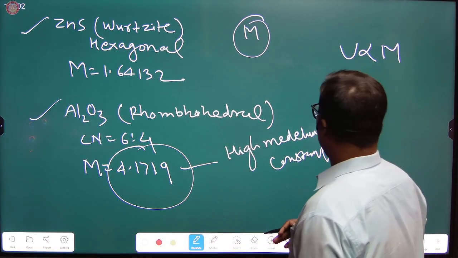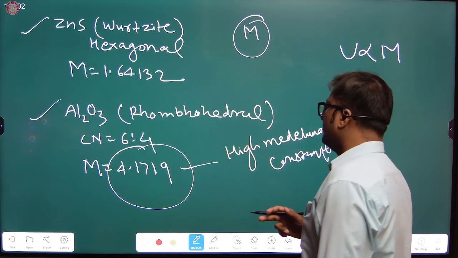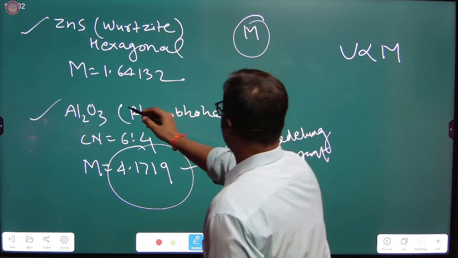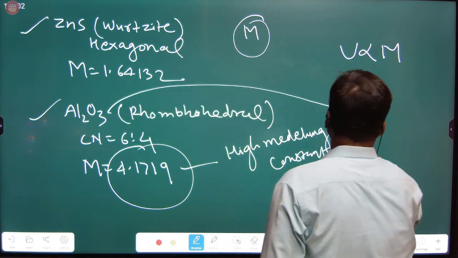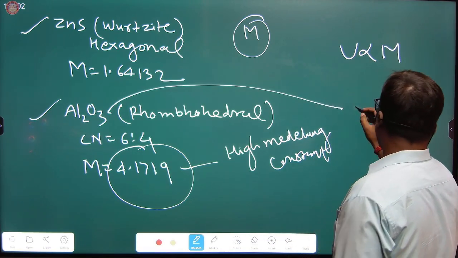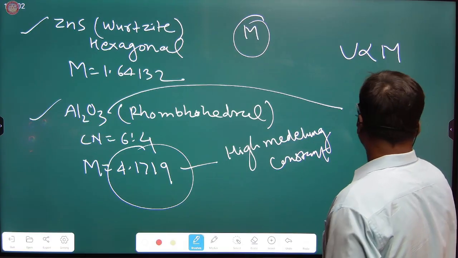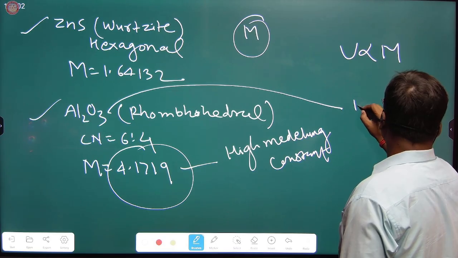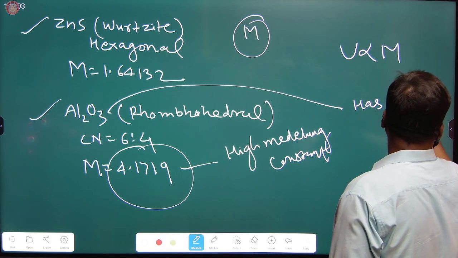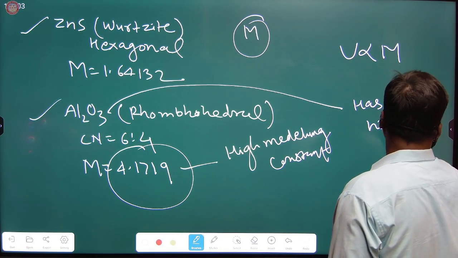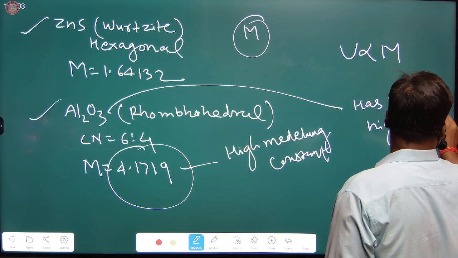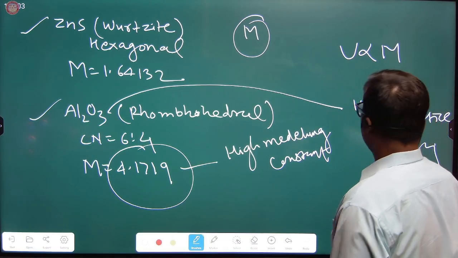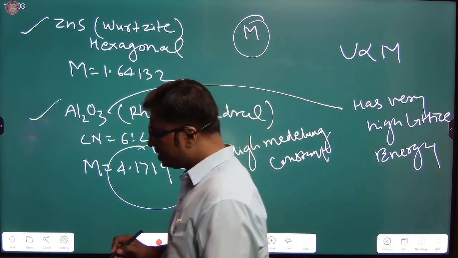So you can say that in particular, alumina, Al2O3, has the highest lattice energy in the examples, because of the high Madelung constant.